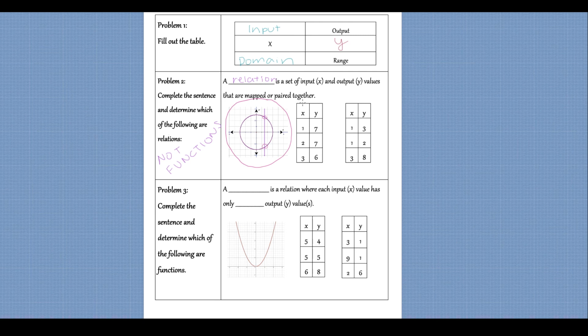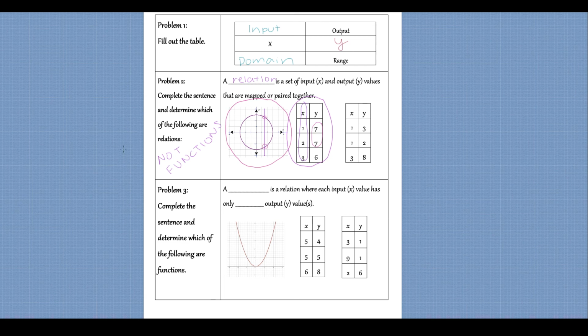Our next one over here, it has a table, and so we have to check the x values. The x values are all different, and so we can conclude, even though these two y values are actually the same, since 2 different x coordinates correspond to them and the x coordinates are not the same, this would also be considered a relation and not a function.